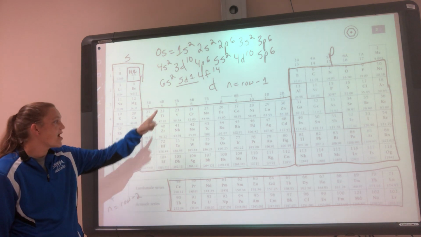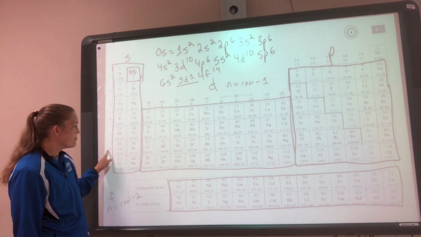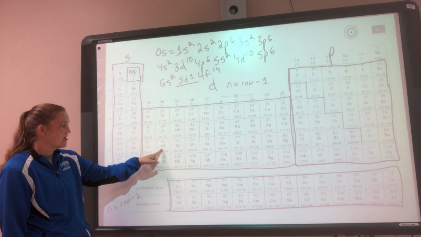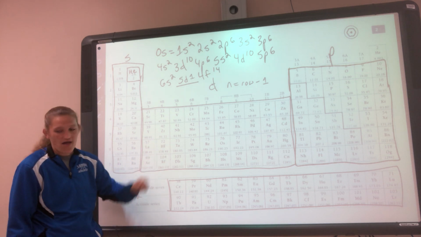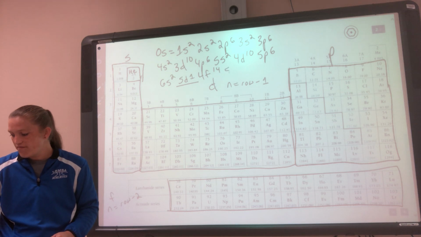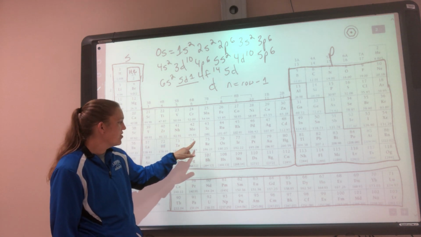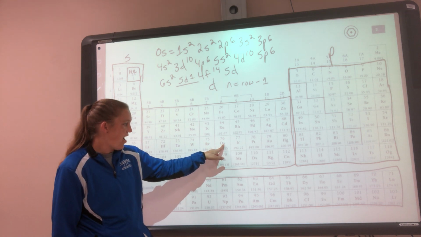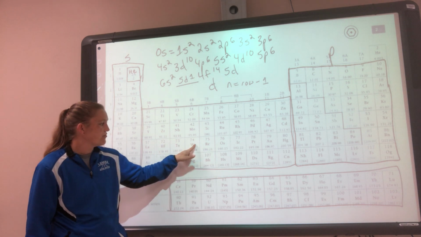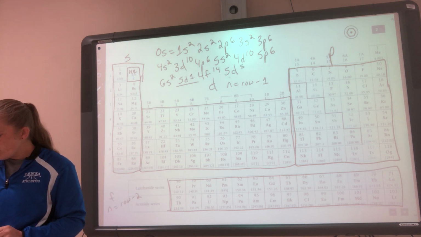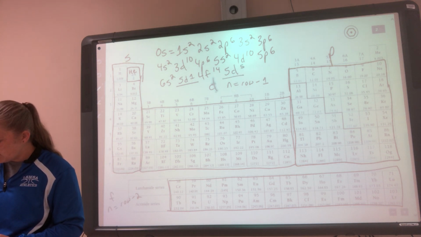So I'm back in that D, and this is n minus 1, so it's row 6 minus 1, so now I'm back in the 5. So I write 5D, and then I count 1, 2, 3, 4, and 5. Now, remember we had 2 of these Ds.